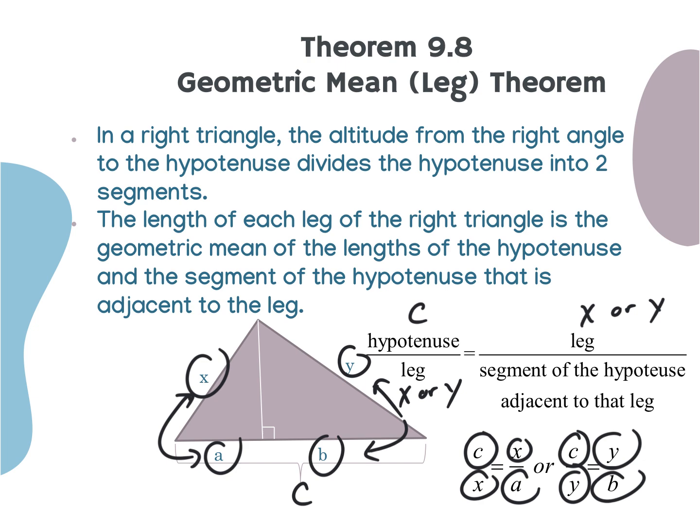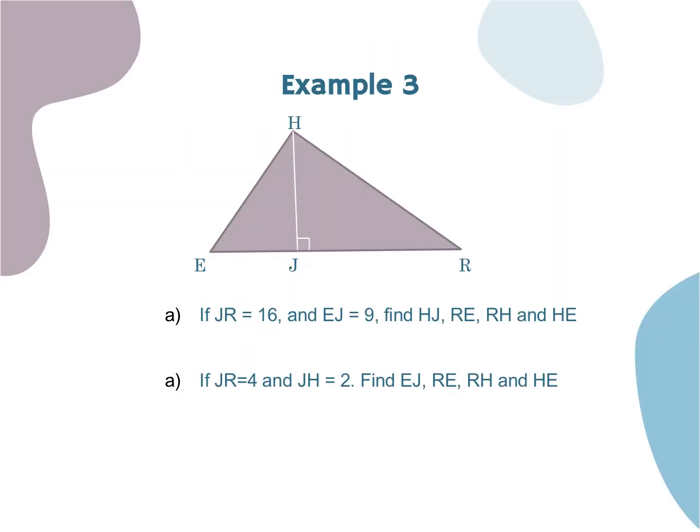Now we have example 3. They want us to, part A, if JR equals 16, so this one right here, and EJ equals 9, find HJ and RE.